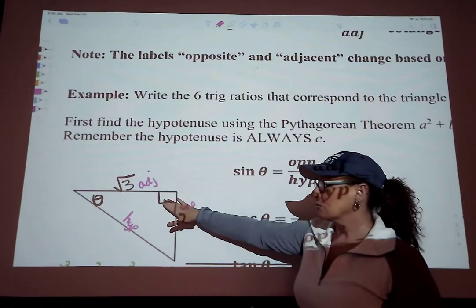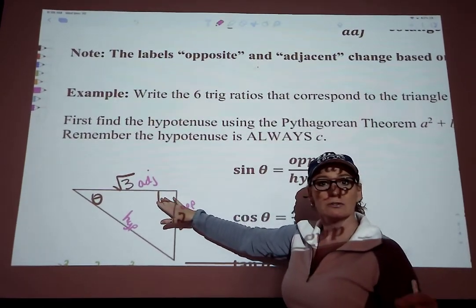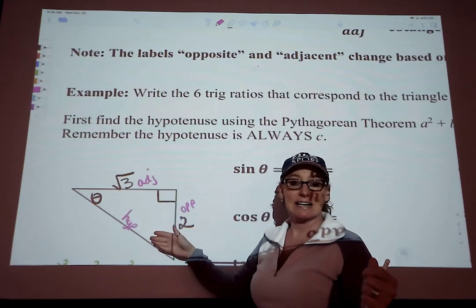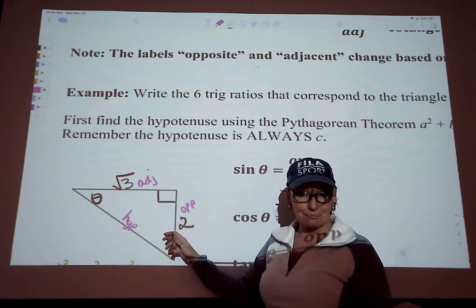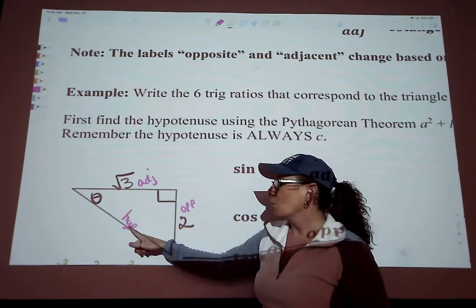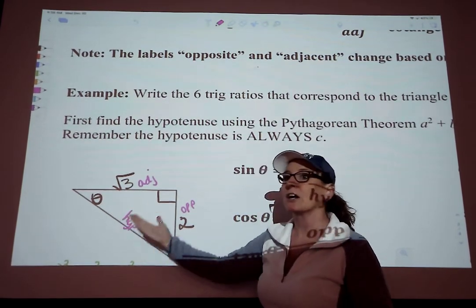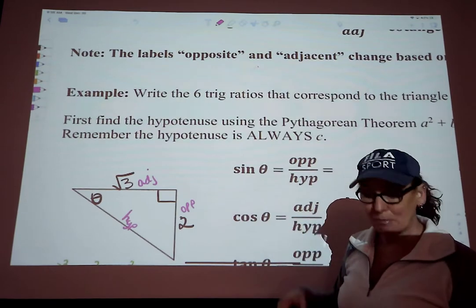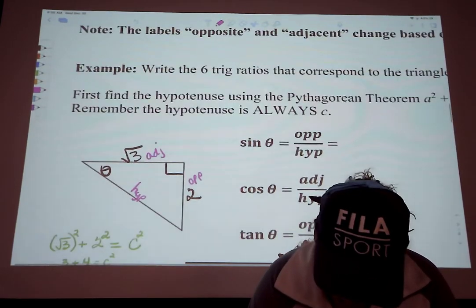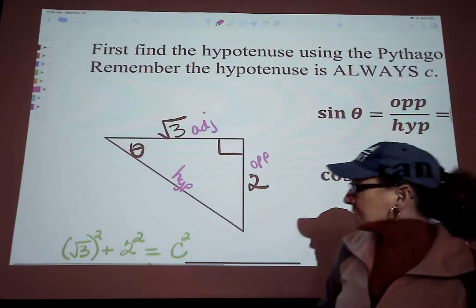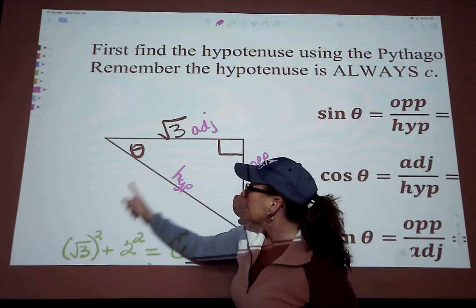That's okay. It's a right triangle, and in a right triangle, to find a missing side length, you can always use Pythagorean theorem. So we're going to set up our Pythagorean theorem. Remember, the hypotenuse is what goes on the side by itself. So you can see that I've set up Pythagorean theorem.